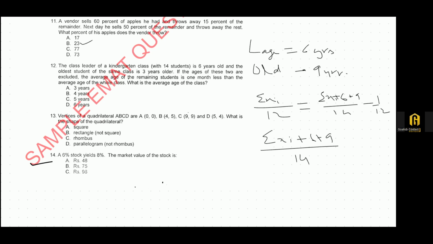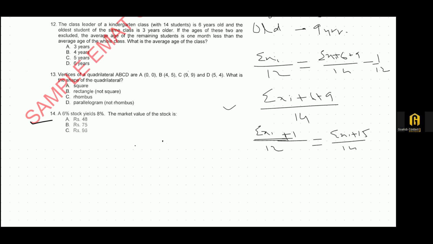So what do we do here? We take 1 upon 12 on the other side. Summation of xi upon 12 plus 1 upon 12 is equal to summation of xi plus 15 upon 14. Okay. 14 times summation of all x's plus 14 is equal to 12 times summation of all x's plus 12 times 15.